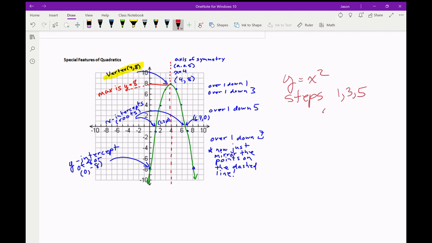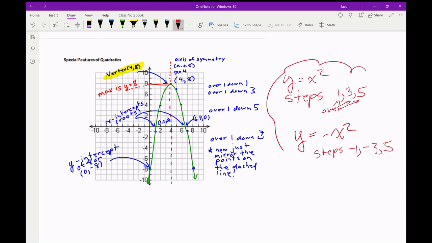So you go over 1, then up 1, then over 1 again from that same point, then up 3, then over 1, and then up 5 for our points. If I have a graph that looks like y equals negative x squared, then instead of steps of 1, 3, and 5, we're going to have steps of -1, -3, and -5. You can use that later, but not right now.